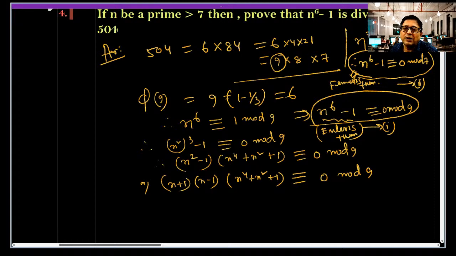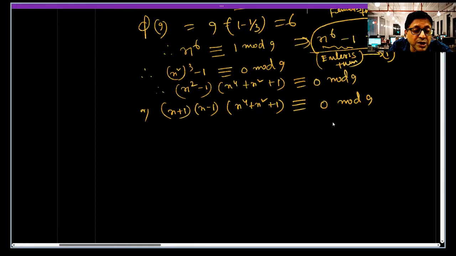What about the next one? With 9, with 7 done. How to deal with 8? I told you there is no restriction that I have to use Fermat's theorem, Euler's theorem only. Any other convenient method is there, we should try.